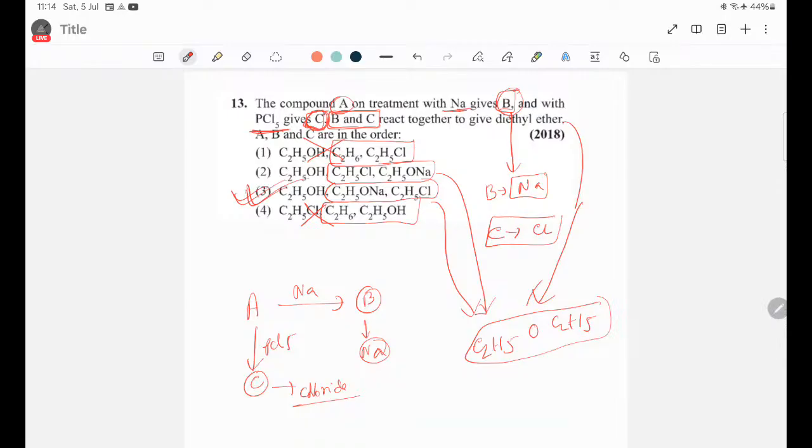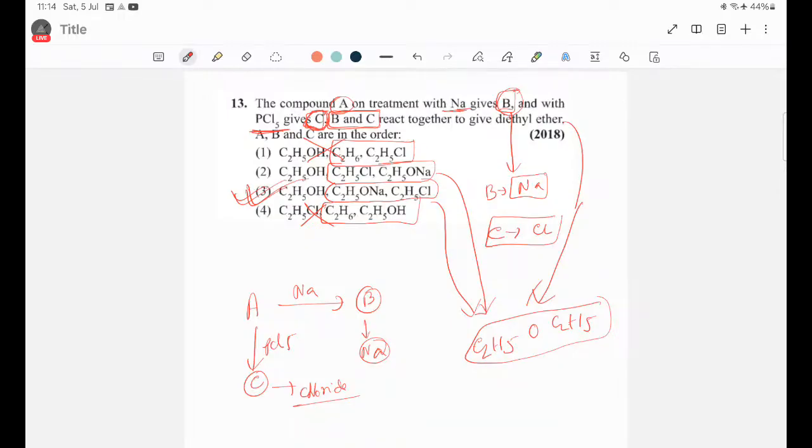This is the conceptual part I am telling, but without getting into the whole question and the options, you can just crack this by evaluating the keyword or common word. Here the keyword is B and C. B should contain sodium, and C should contain chloride, because A is converted into C after reacting with PCl5.